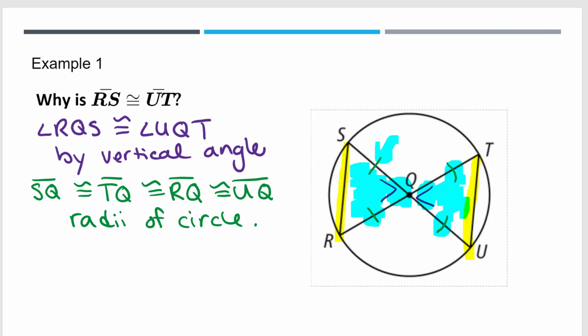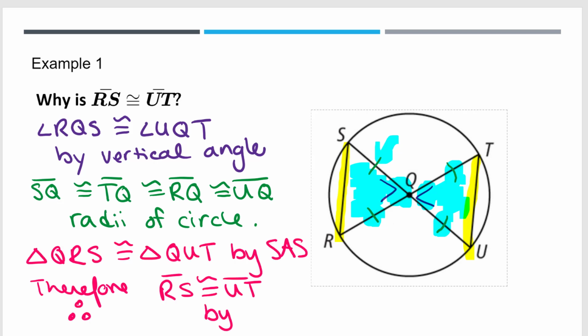Therefore, the left triangle and the right triangle are congruent. So therefore, in my therefore sign are these 3 dots, the chord RS is congruent to the chord UT by CPCTC. And remember that stands for congruent parts of congruent triangles are congruent. That fun acronym.